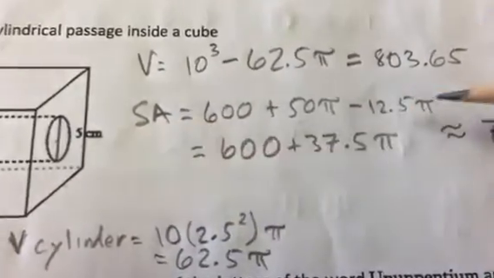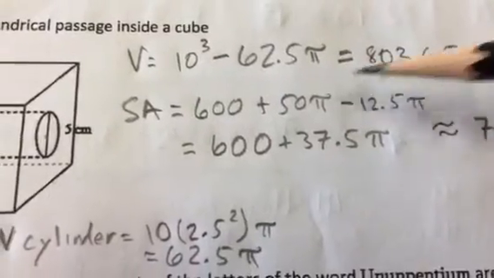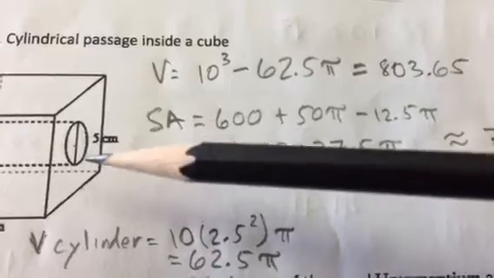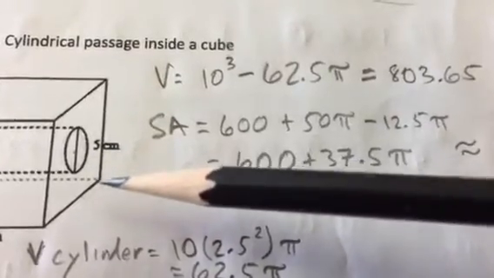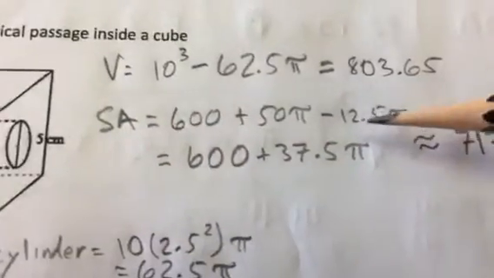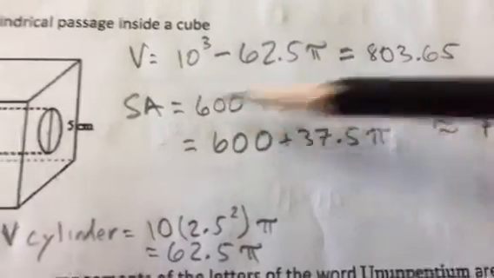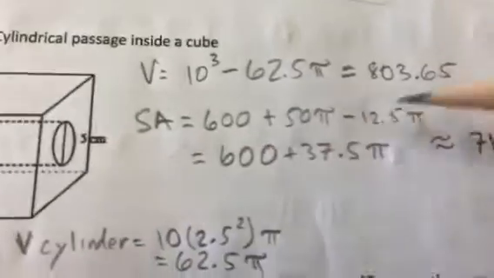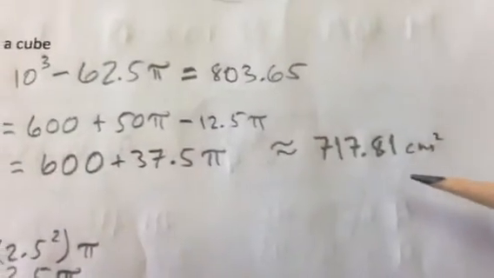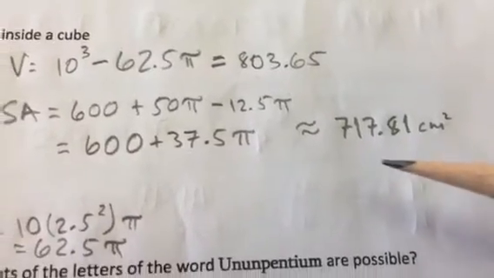That's 2.5 squared times pi, which is 6.25, but there are 2 of them, so 12.5 pi is the total area of those 2 circular regions that we removed. So all of that gives us this number right here when you do all the calculations.